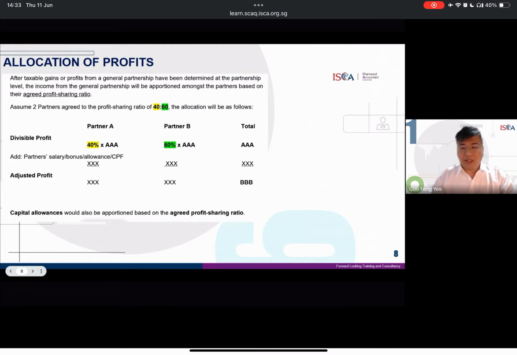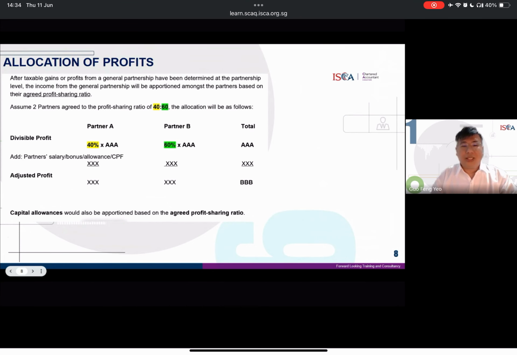However, in reality, there is no mechanism or law to say that the profits must be shared equally. In fact, partners of a general partnership will typically state the profit allocation ratio in the partnership agreement to ensure that there is no misunderstanding or miscommunication when calculating the amount after the partnership is operational.